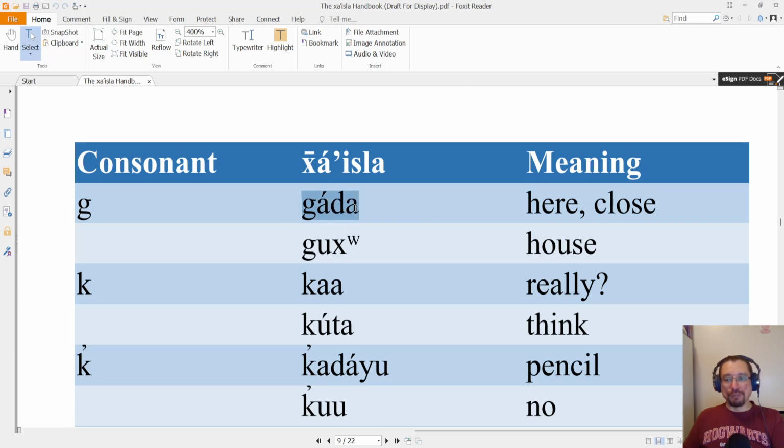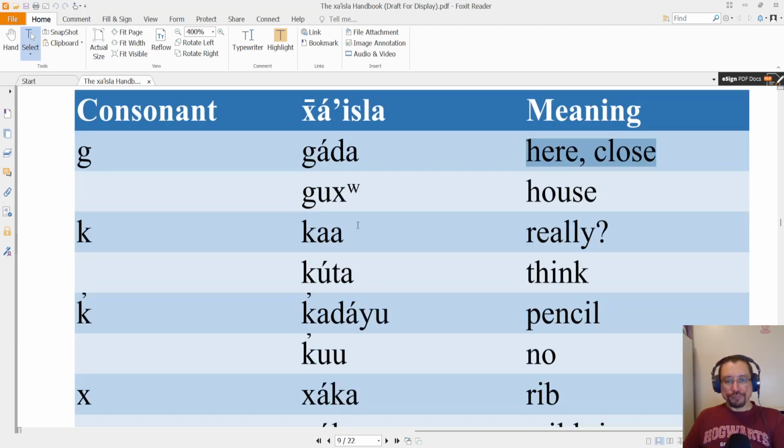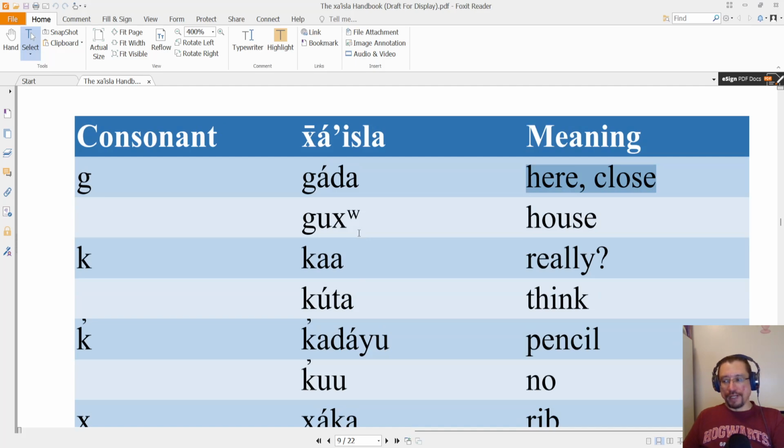So gyada means it's here and it's close to me, the person who's speaking. So if I were to hold up a pencil, I would say, Kyadayu gyada. That means this is a pencil, and it's here close to me, the person who's speaking.